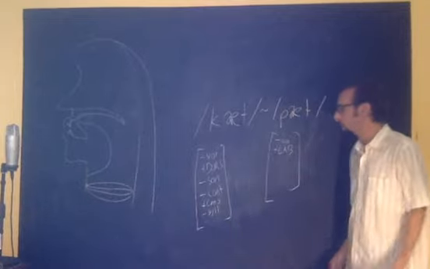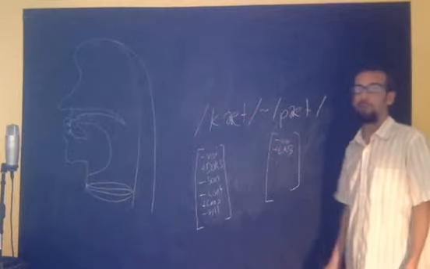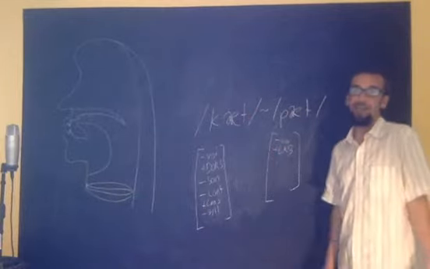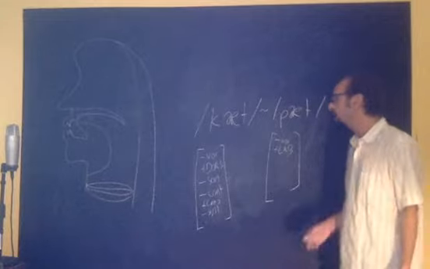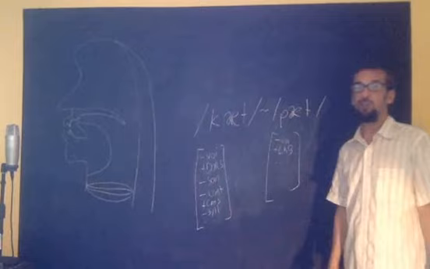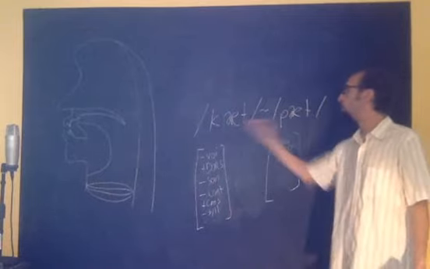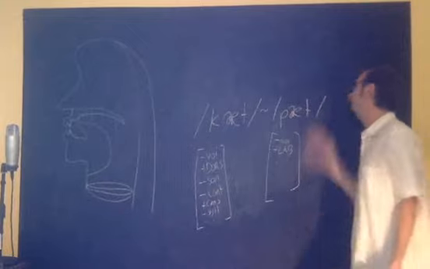If you change the continuancy, you could get, well, not for the dorsal one, but for the coronal one, you could get sat or fat or something like that. But you can only choose from this list of discrete categorical features in order to figure out which forms can be stored in the lexicon in English.